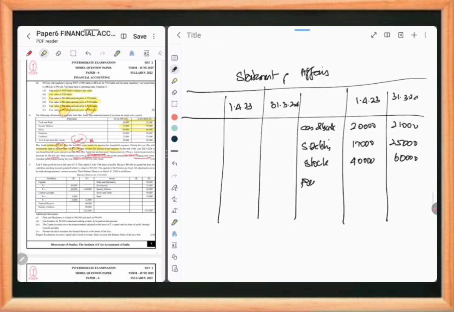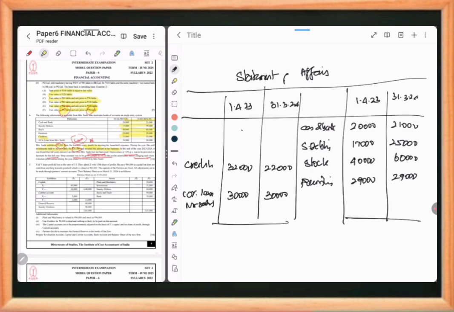And then furniture, 29,000, same figure. And then creditors: 32,000, 22,000, it has been reduced. And then 10% loan from Mrs. Sasi, 30,000, 30,000. So if we balance, we will find out this is the amount.